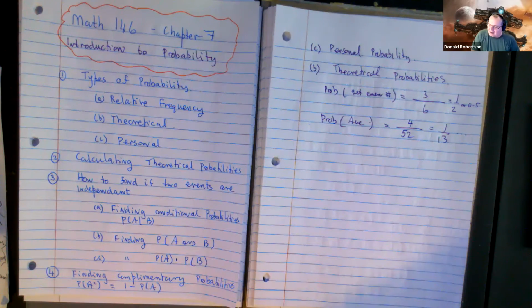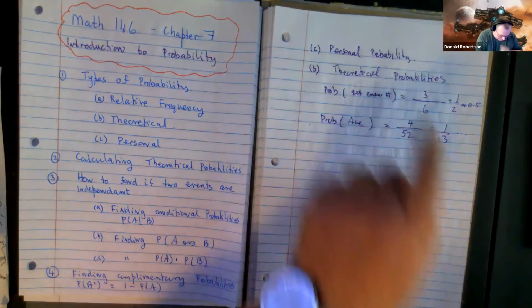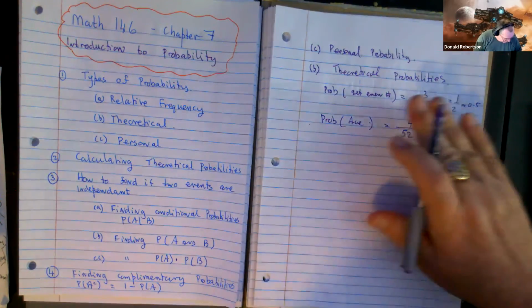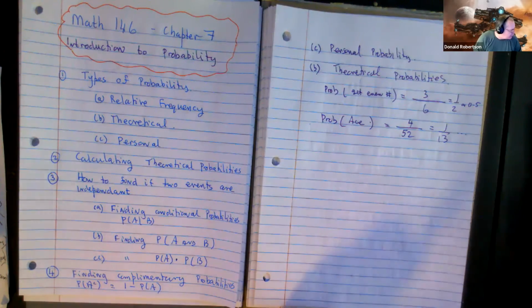You're playing cards and you think, I think I've got a better hand than them. You've no evidence because you can't see their hand, but you're guessing. Don't bet your fortune or your house on that. Theoretical is actually the best, most accurate way of calculating probabilities.